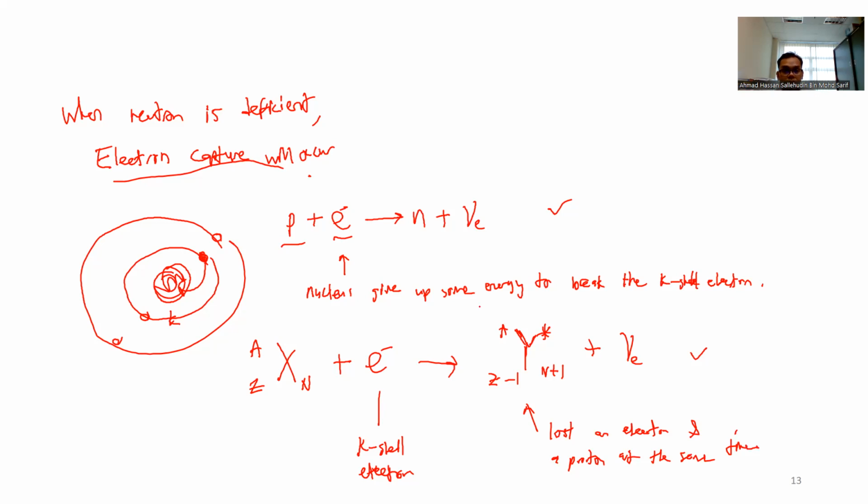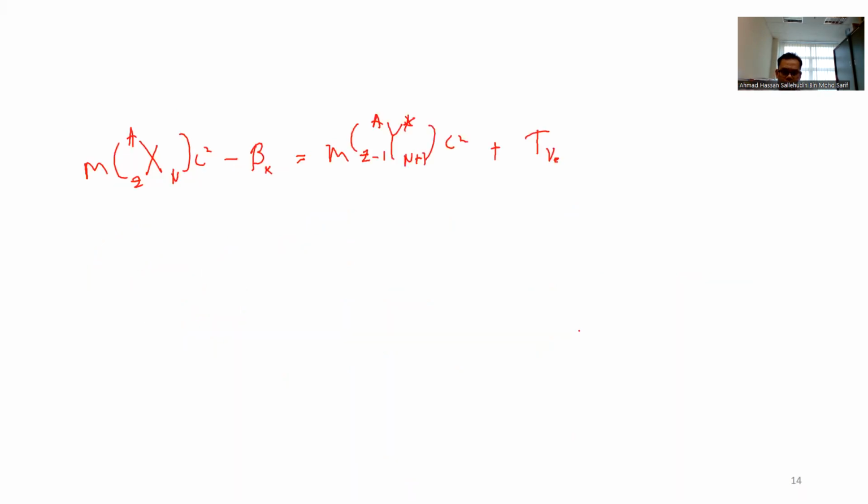During the process, both the proton, which is positive charge, and the electron, negative charge, dissipate at the same time. So the product, the daughter, is neutral. So this is it.